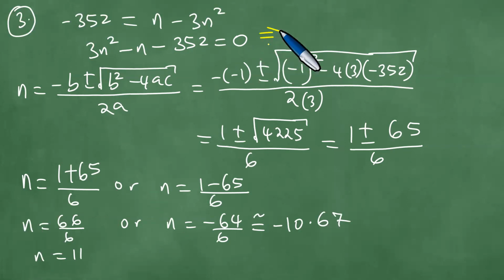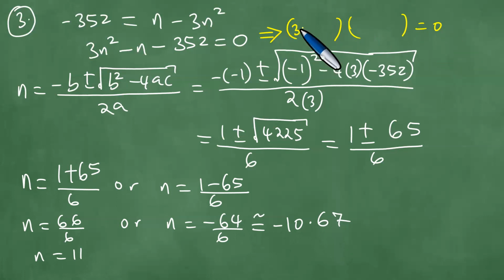Another student can just factorize this one. So what are the factors of these here? You can factorize this like this.